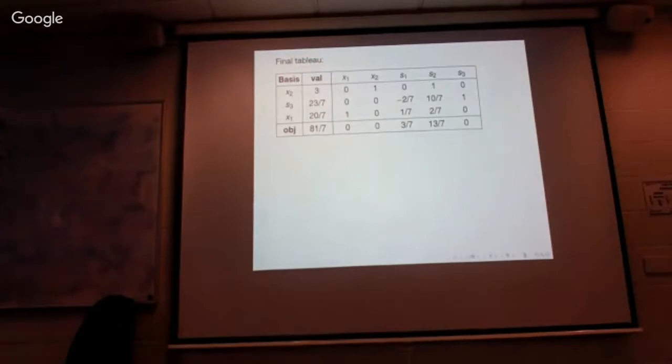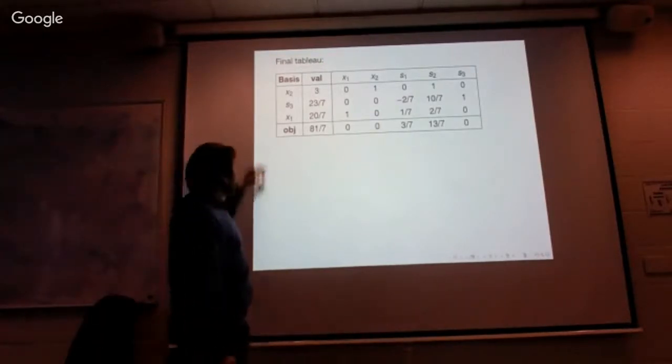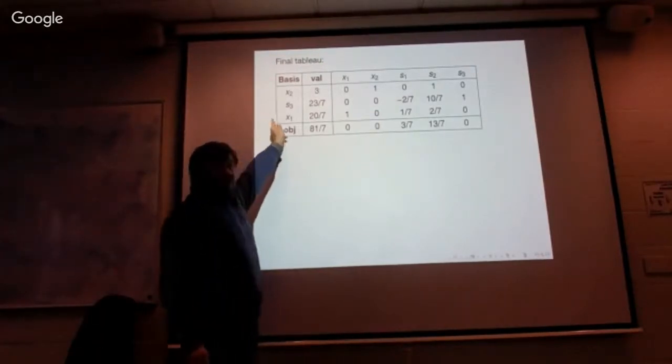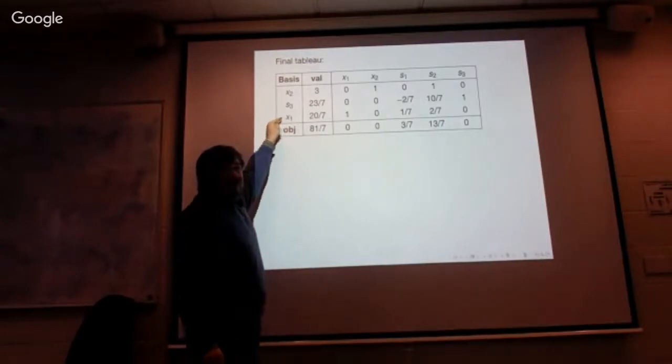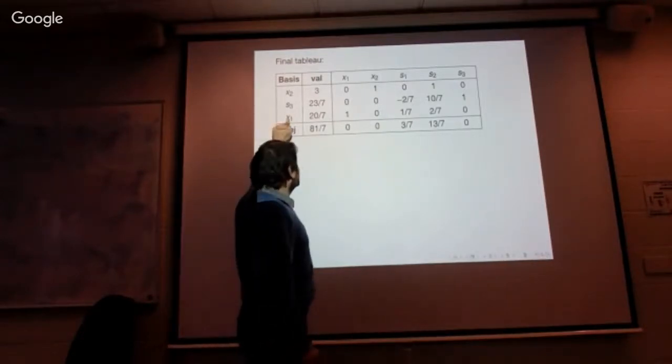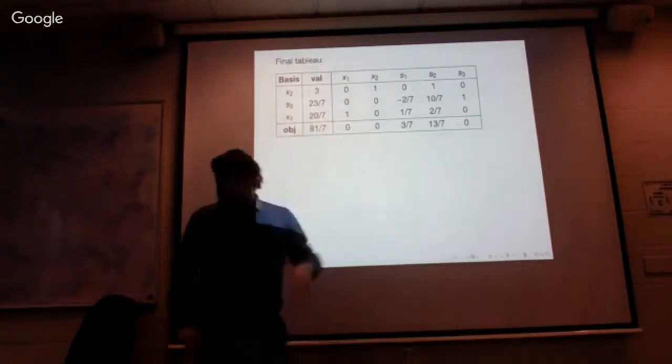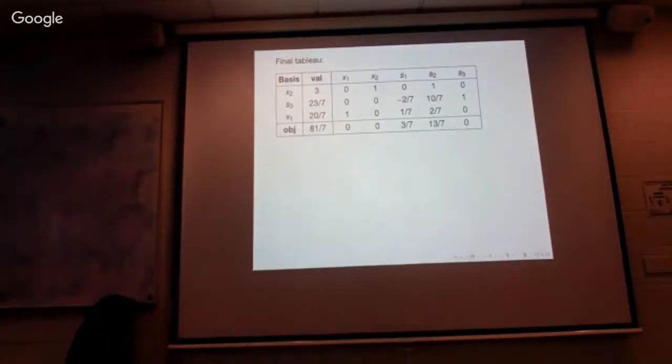So in particular, all the solutions, even the integer ones, will satisfy it.